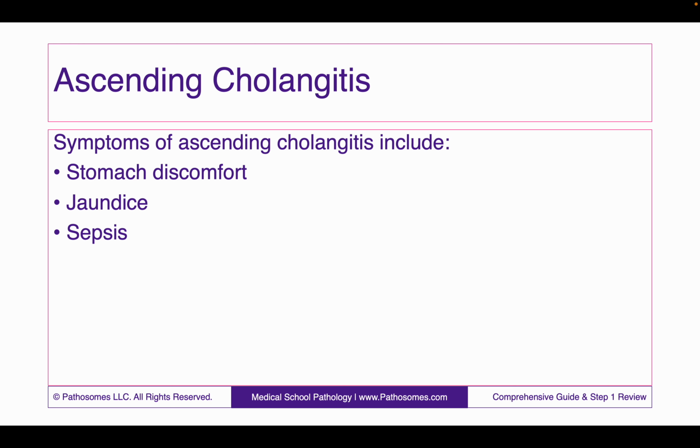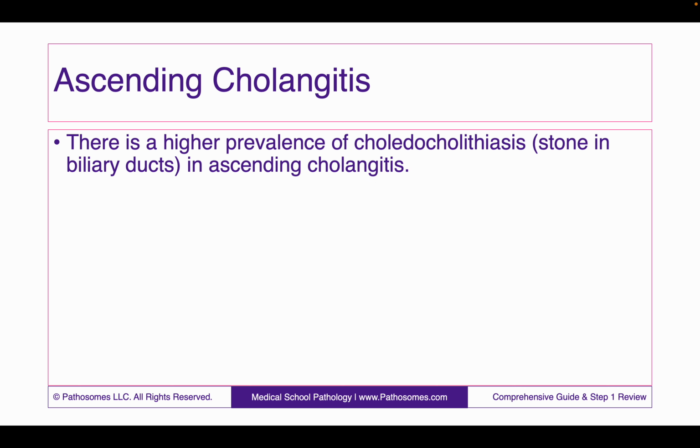Symptoms of ascending cholangitis include stomach discomfort, jaundice, and sepsis. There is a higher prevalence of choledocholithiasis in ascending cholangitis. What is choledocholithiasis? That's just a stone in the biliary ducts, right?